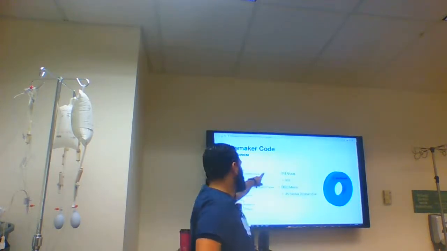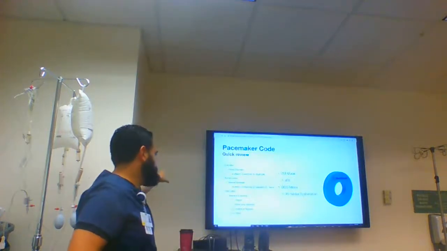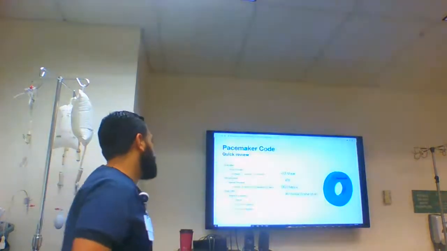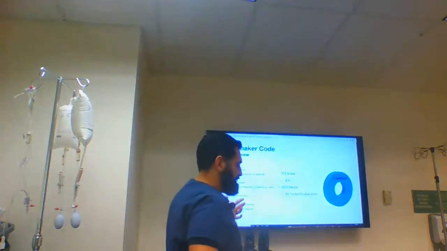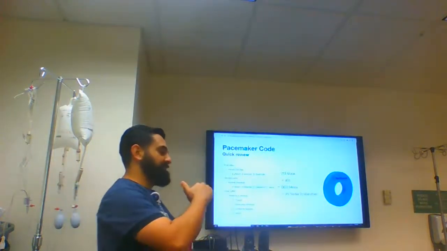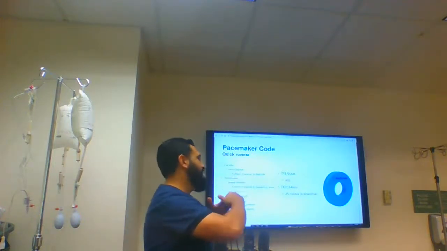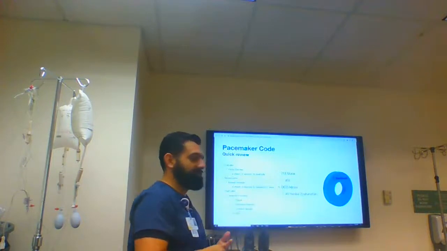So here we have our first letter, so it tells us we're pacing the ventricle. We're also sensing the ventricle. And if my pacemaker detects that my own heartbeat is above my threshold, let's say I have a VVI mode of 70.